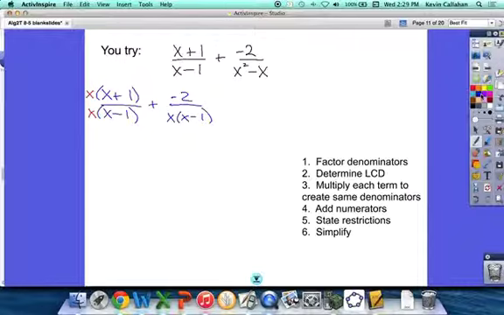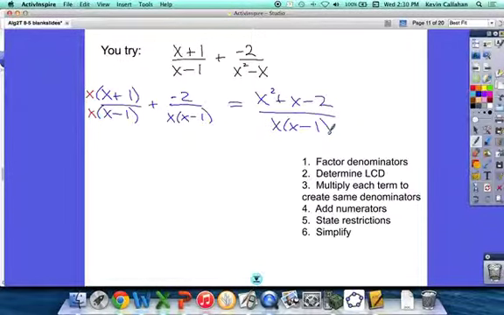It'll be x squared plus x minus 2 when you put it all together. Right, but then this you can factor. X squared plus x minus 2. And I think that's right. Maybe not quite. Let's see. Once you've multiplied this one by the x, it should have looked like this: x squared plus x minus 2 over x times x minus 1.